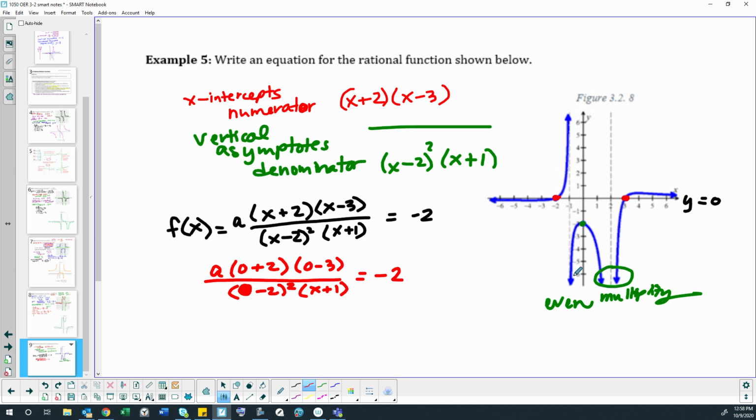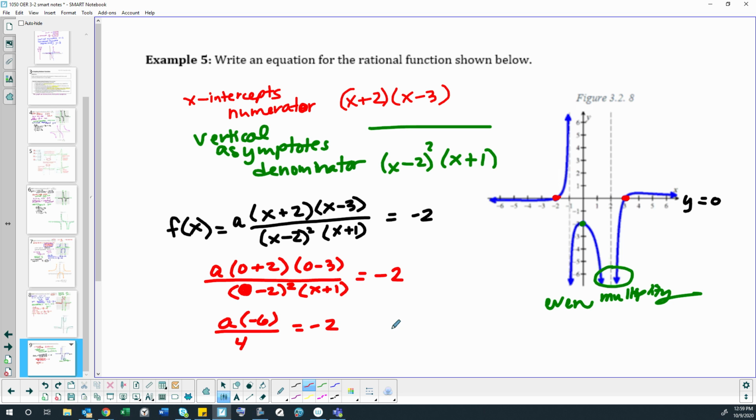Because remember, the way we find a y-intercept is to plug zeros in for all the x's, work it through, find the y-intercept, right? Okay, let's go ahead and simplify this. So we'll have a, and then we have 2 and -3, so a times -6. Then on the bottom, we have -2 squared, which is 4, and 4 times 1.